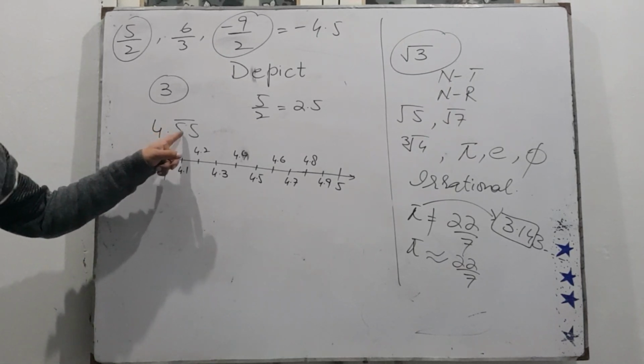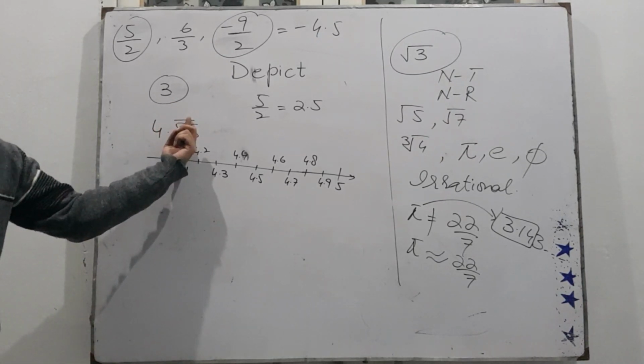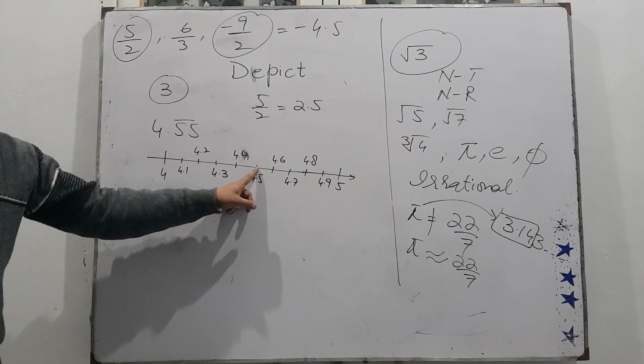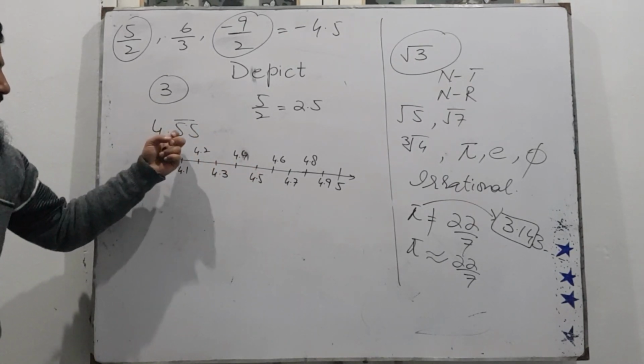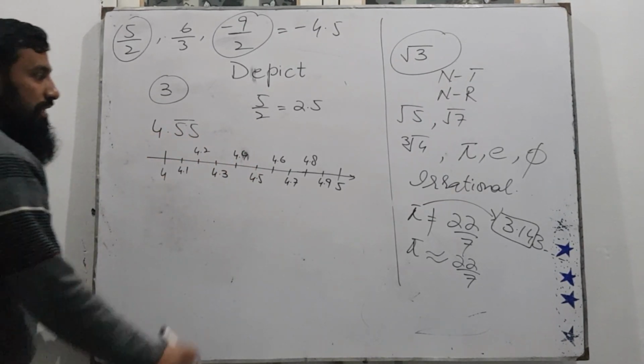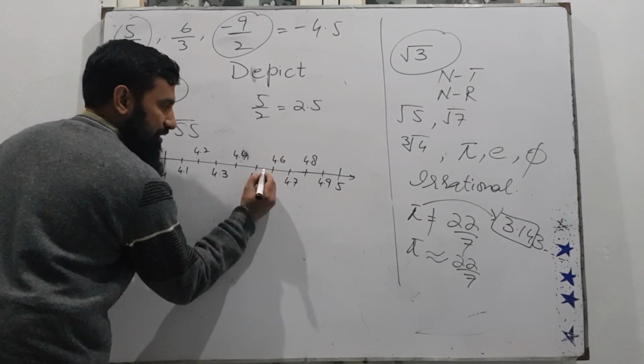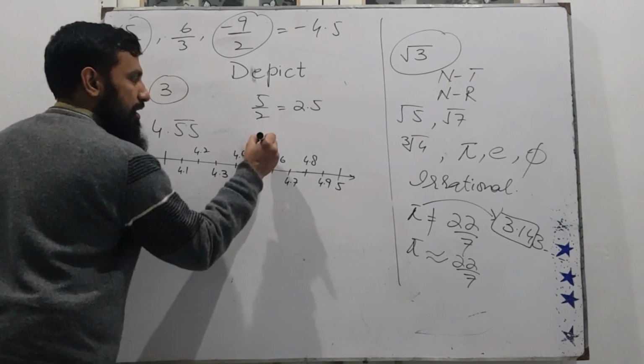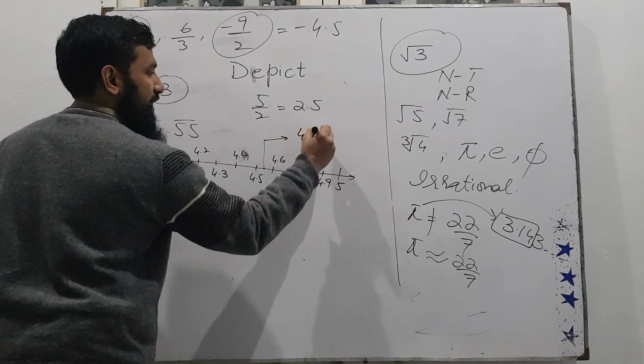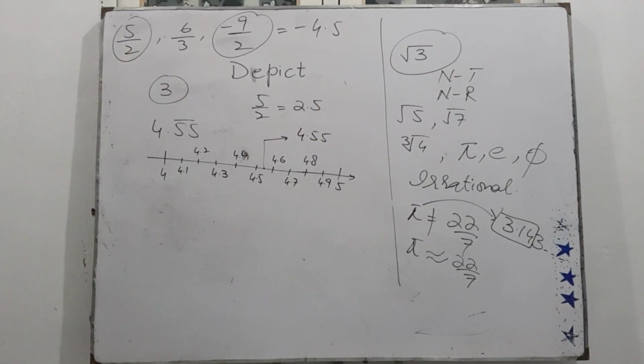If I want to represent 4.5 only, it will be somewhere here. And if I want to plot 4.55, it will be in between 4.5 and 4.6, somewhere here. It will represent 4.55. Isn't it? But let's see.